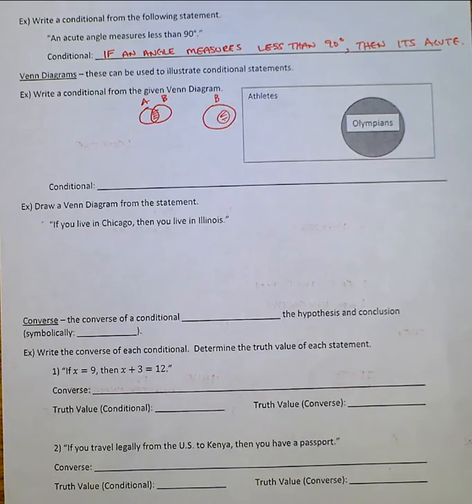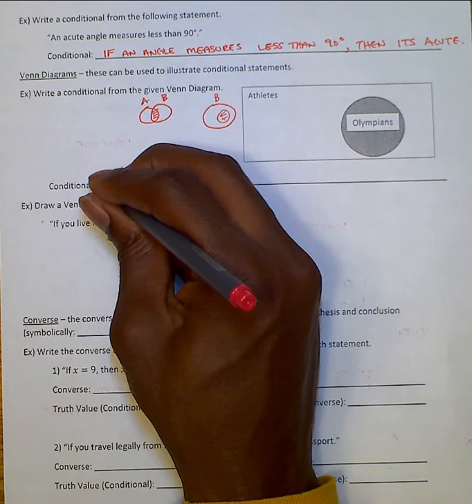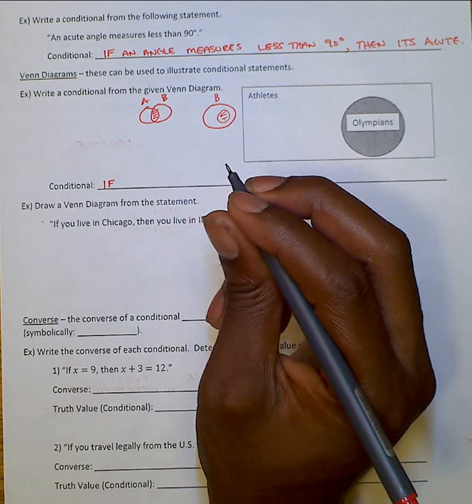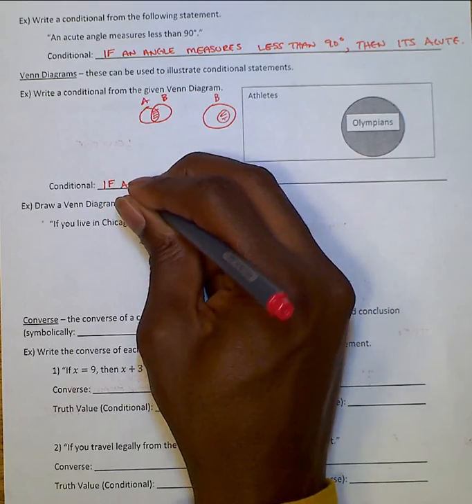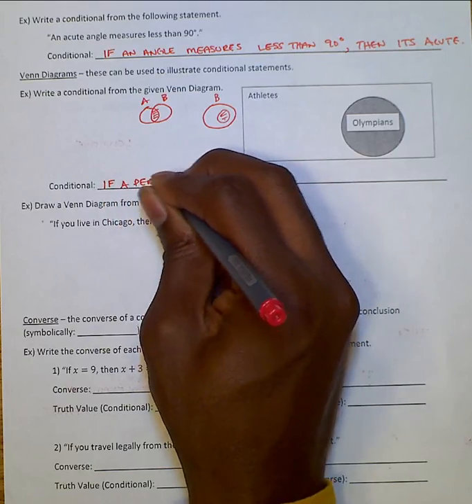So we can say, if a person, let's say, is an Olympian, comma, then he/she is an athlete.